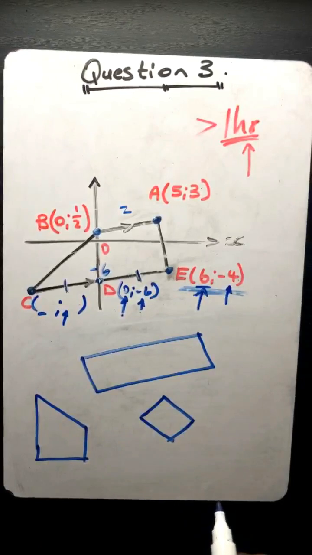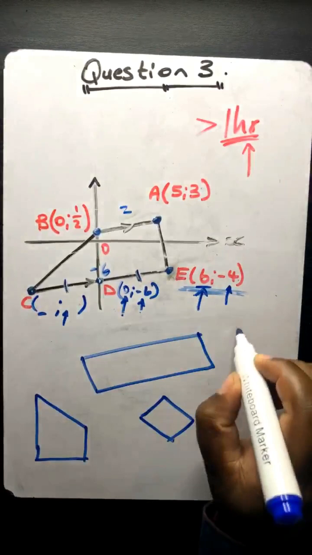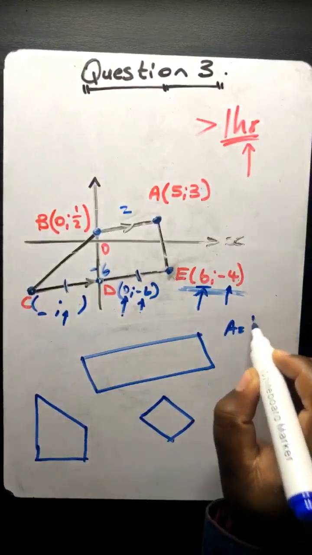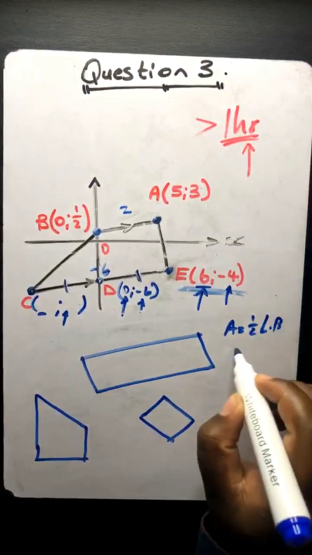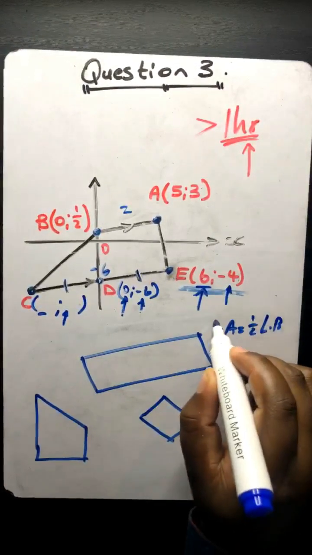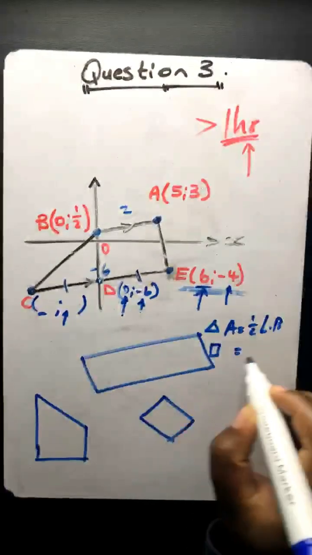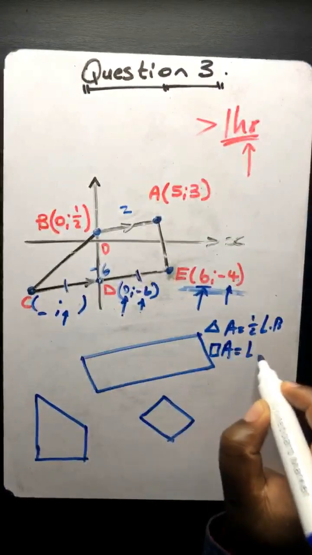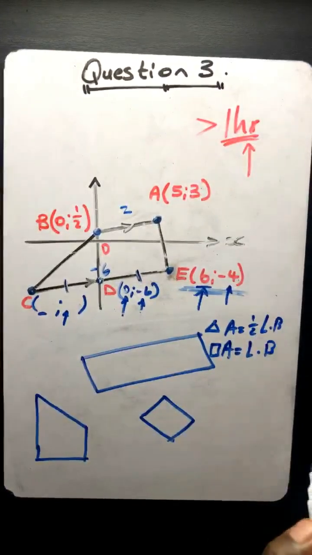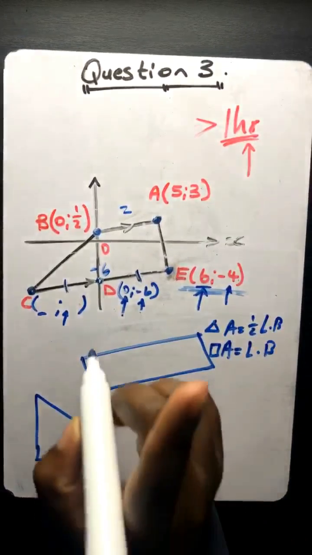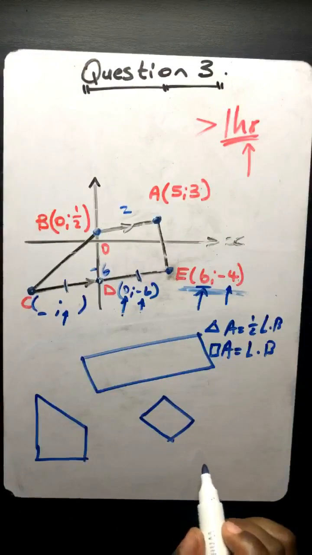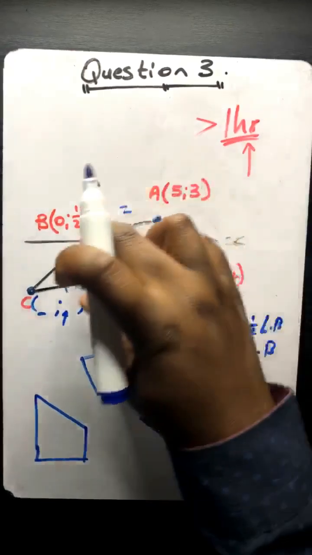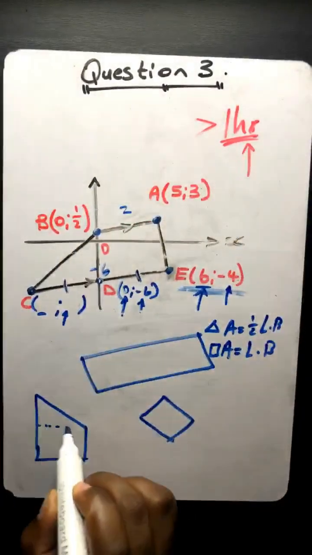So the moment they start talking about an area, it's either half length times breadth, if it's an area of a triangle. And then for a square, you can just say area is length times breadth. So you might need to be smart and say, okay, for me to calculate the area of that shape, let me maybe separate it into two parts.